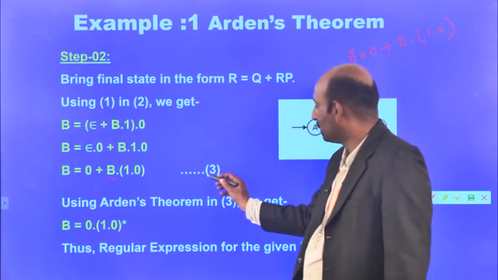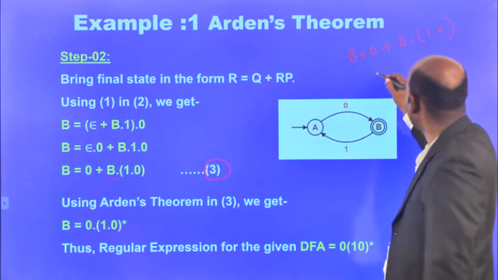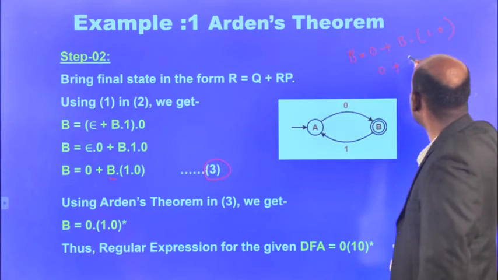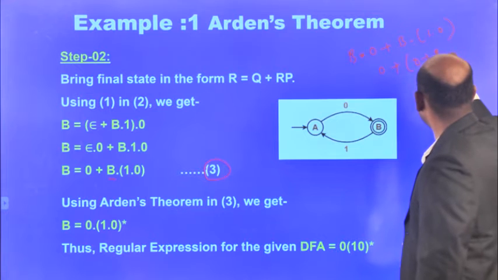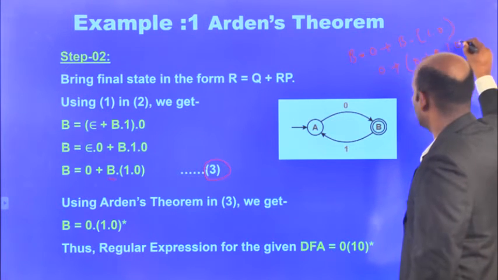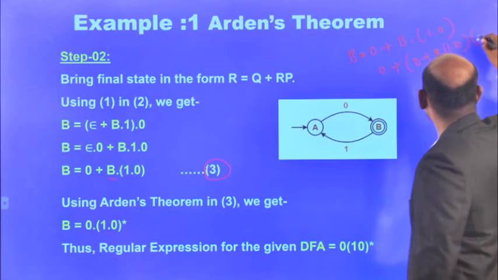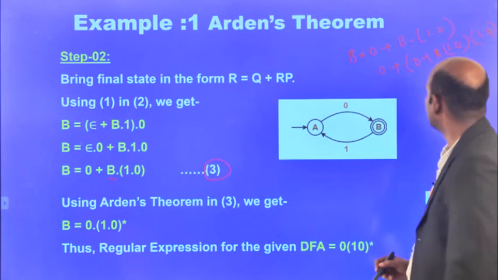If we substitute this equation 3 into B, we get 0 plus B dot 1.0 again, and again 1.0 like that.